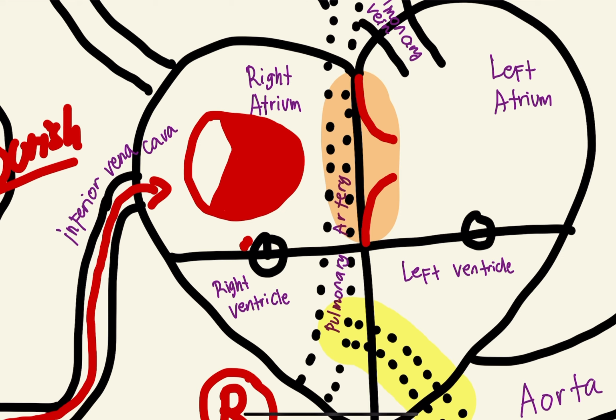So, symbol natin is 2/3 para makabesa nyo 2/3 na oxygenated blood. And then this one naman is the 1/3 oxygenated blood. Okay. So, dahil mas malaki yung butas ni Foramen Ovale, the 2/3 oxygenated blood will pass from the right atrium going to the left atrium using the Foramen Ovale.